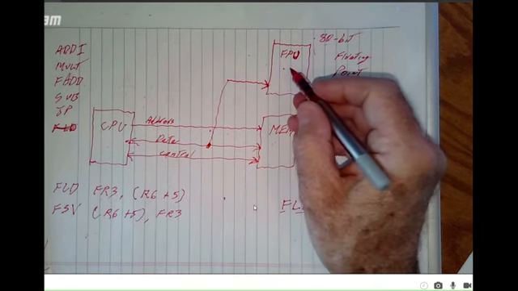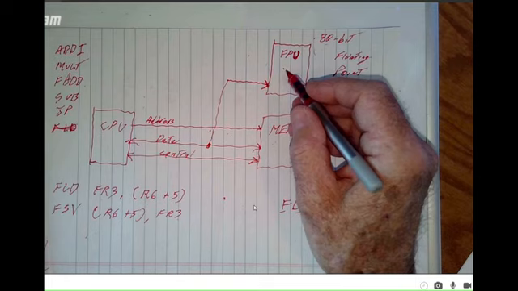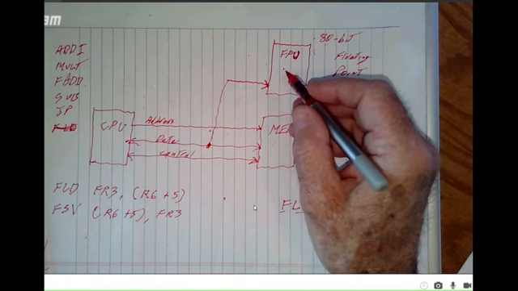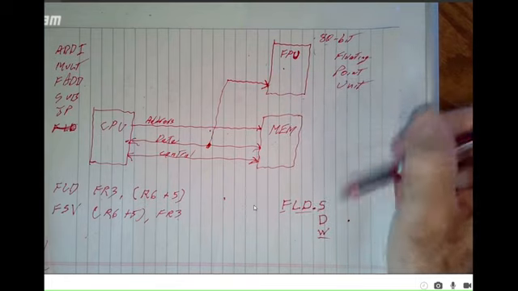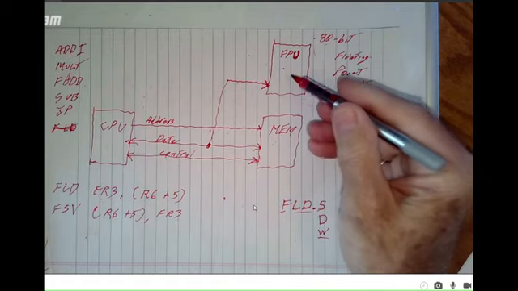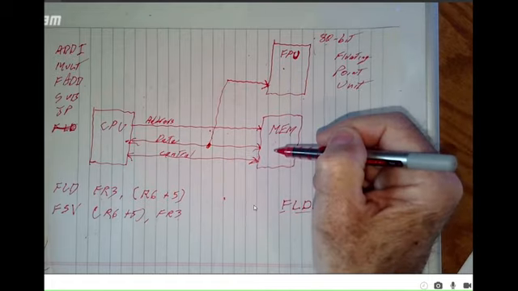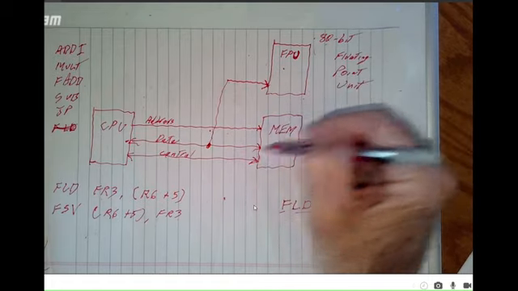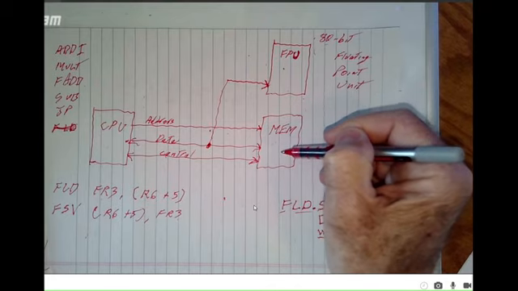Now, floating point units are pretty slow. Not to mention that if you have a 64-bit floating point value and it's only a 32-bit system, there are going to have to be 2 transfers made to get that into memory.